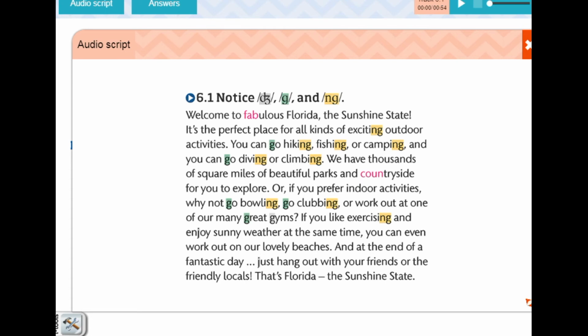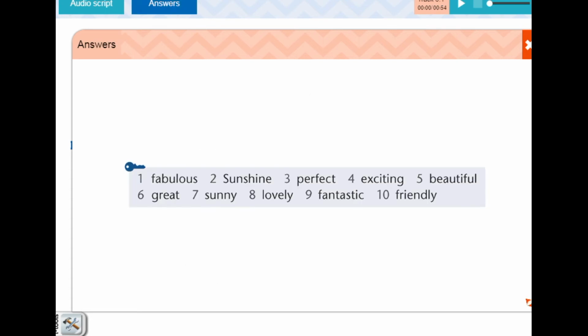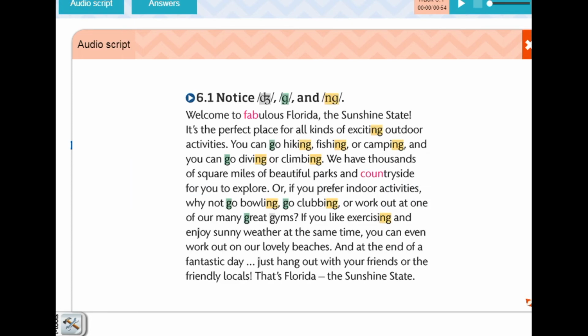Another here that you can say is beautiful, right? So let's check the others. Pay attention to the adjectives here. Number one, fabulous, sunshine, perfect, exciting, beautiful, great, sunny, lovely, fantastic, and friendly.